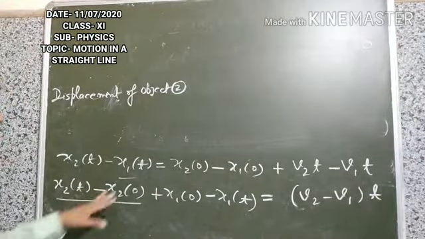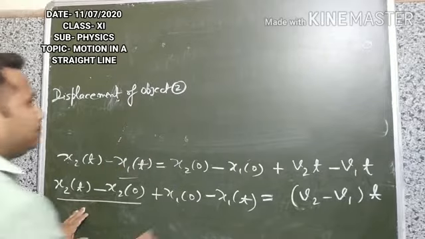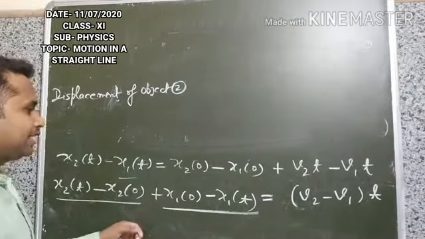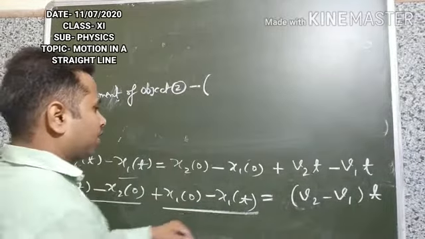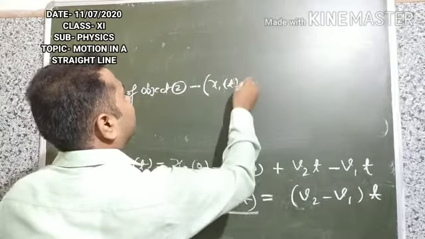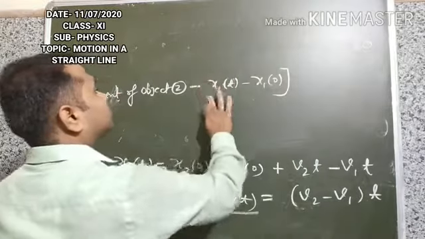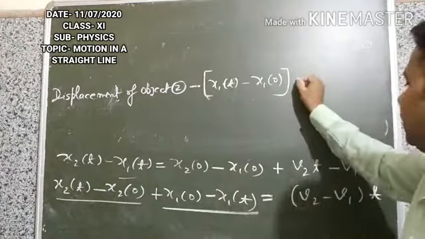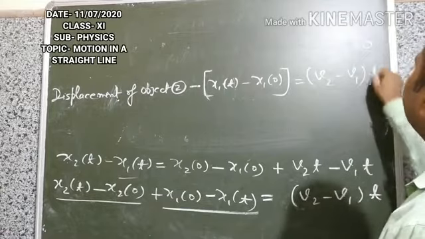I am not writing it here, but understand it as the displacement of object 2 in time t. And now what about these two terms? Taking the minus sign common from these two, what do we get? x1t minus x10. So x1t minus x10 is equal to v2 minus v1 times t.